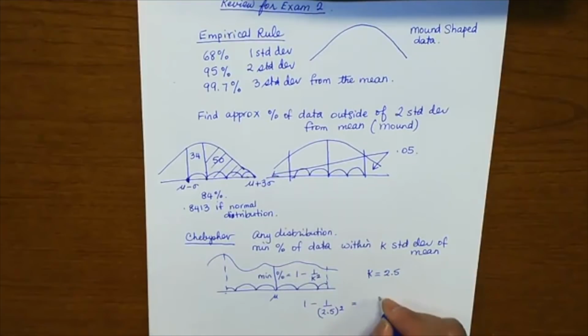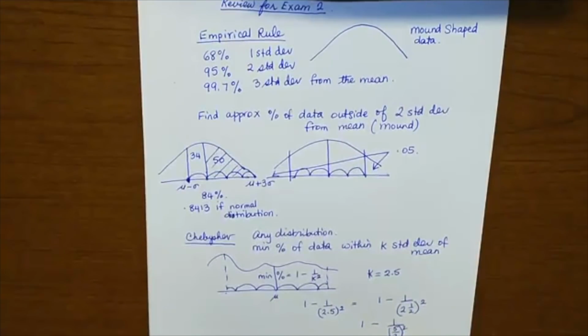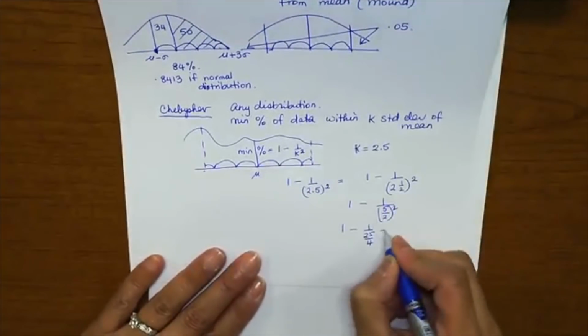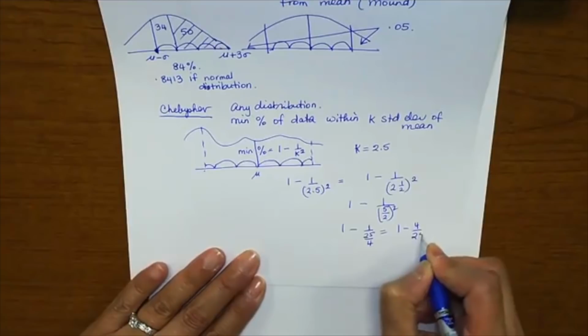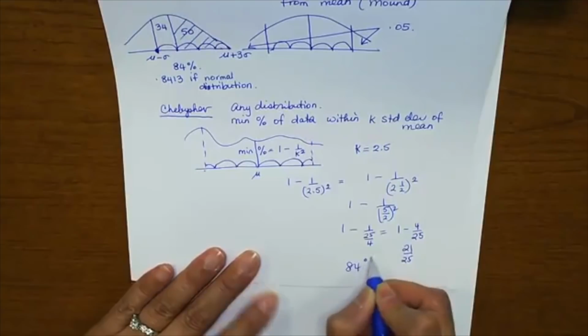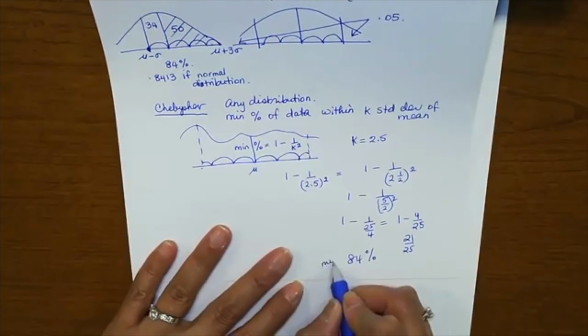I like fractions, so it's 1 minus 1 over 5 halves squared. 1 minus 1 over 25 over 4. So that would be 1 minus 4 over 25, which is 21 over 25, which is 84% minimum.